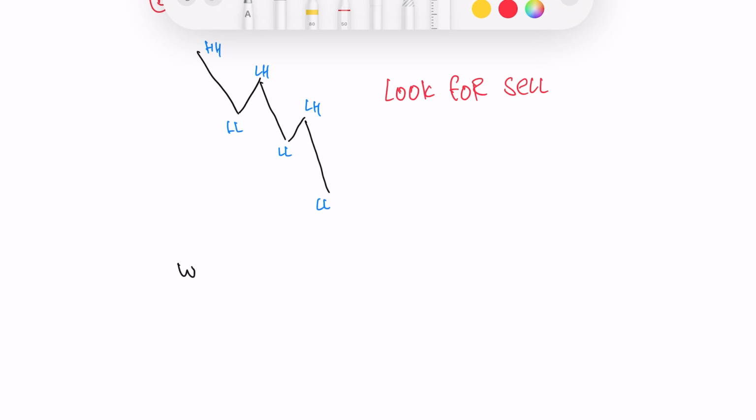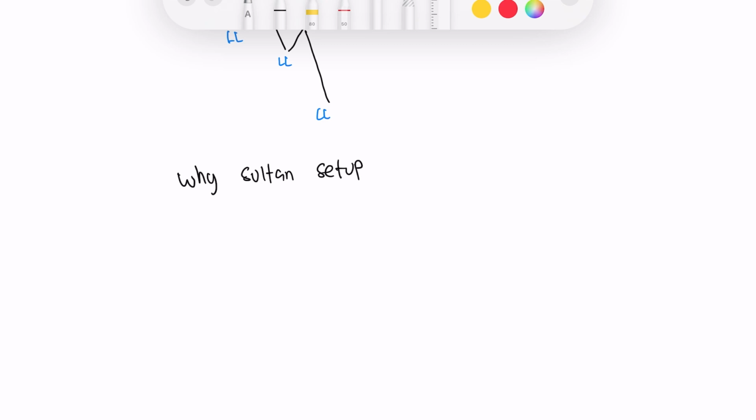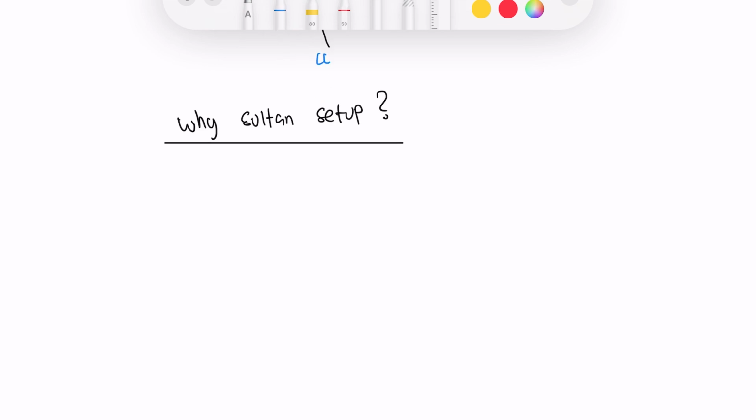Okay, why Sultan setup? Simple. Okay, as we all know, ramai orang, most of the people love to enter on higher high, higher low, lower low, slash lower high.